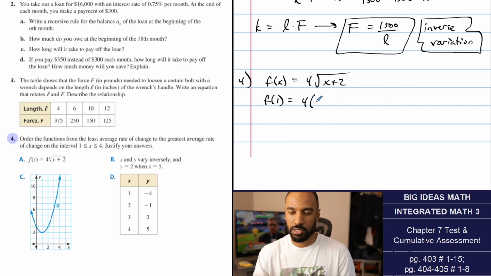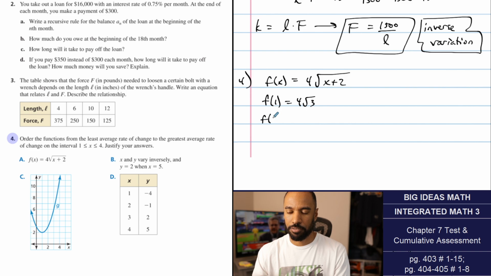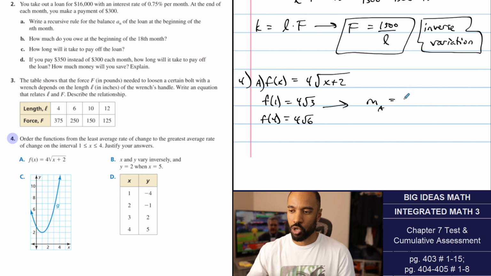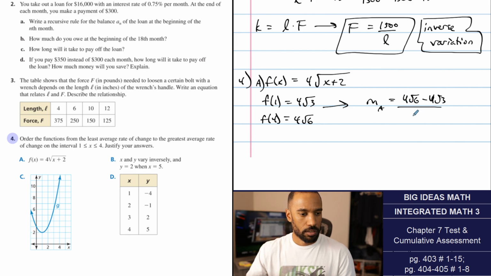This is 4 root 3, and f of 4 is 4 root 6. So it's basically their slopes. The slope of A, because this is all about A, is going to be y2 minus y1 over x2 minus x1, 4 minus 1.